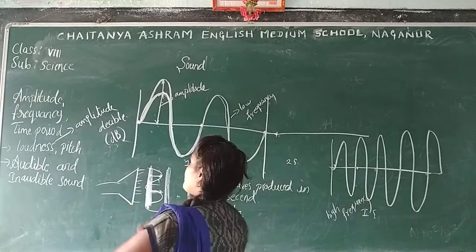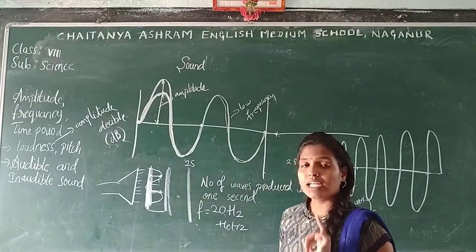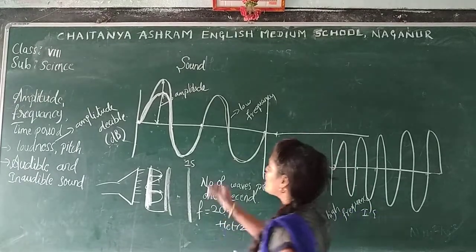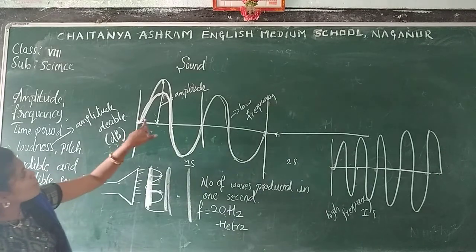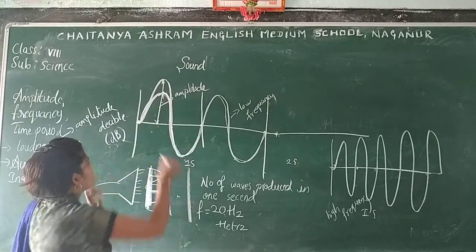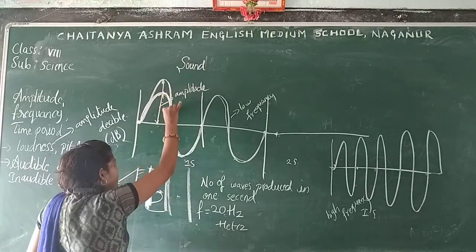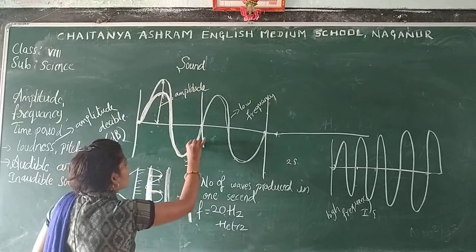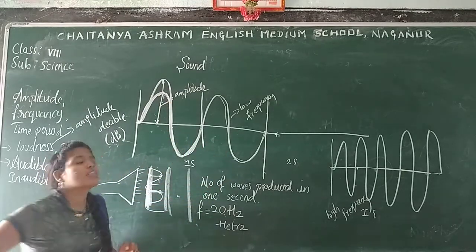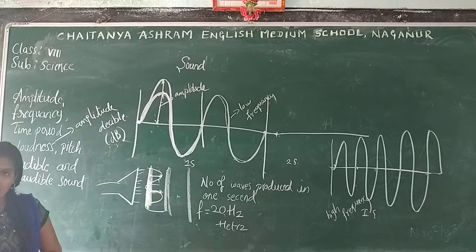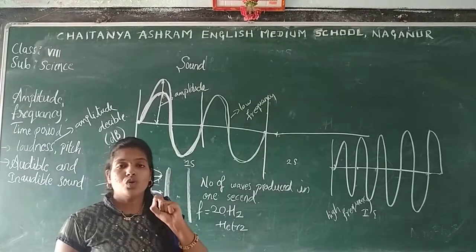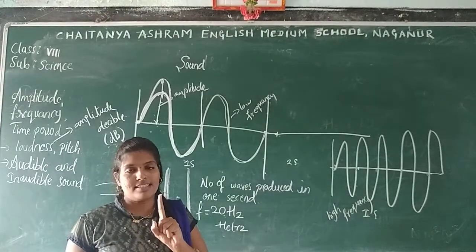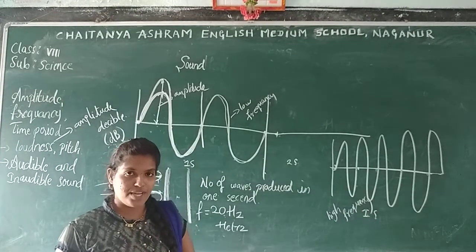And time period means the time taken to complete 1 cycle. The time taken by the wave to make 1 cycle, we call it the time period. So how much time this particle takes to complete its 1 cycle, we call it the time period.